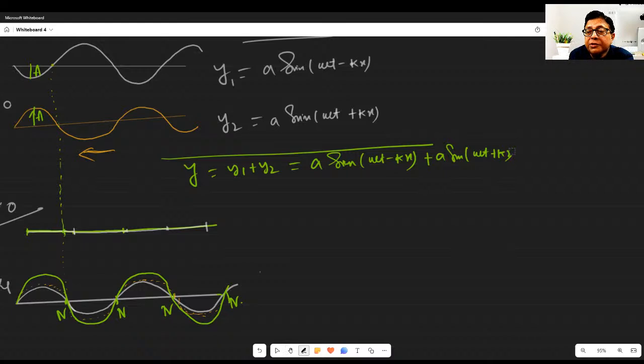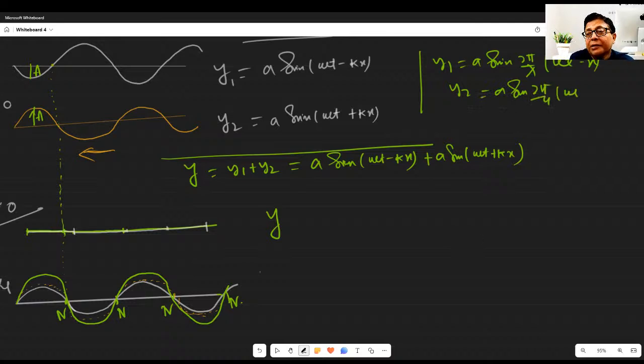How was this formed? Try to understand. So if you add these two, what will happen? You can take the wave in this manner also: y equal to, if you like, A sine 2 pi by lambda (vt minus x). Remember, this form of wave we have also taken: (vt plus x).